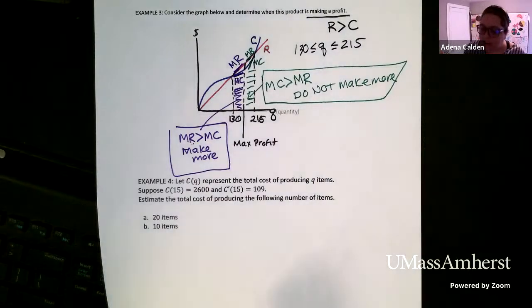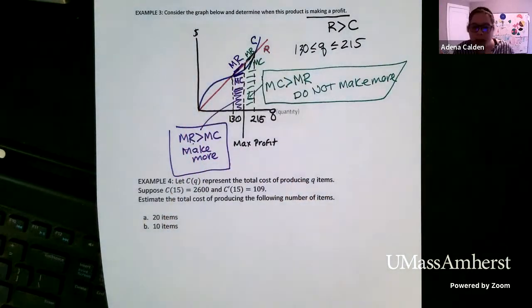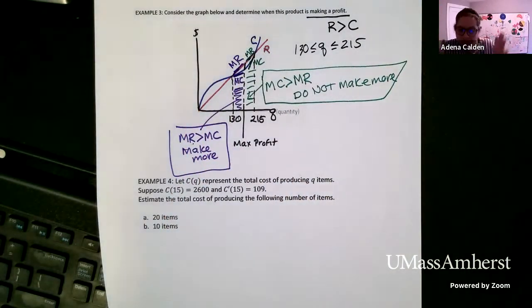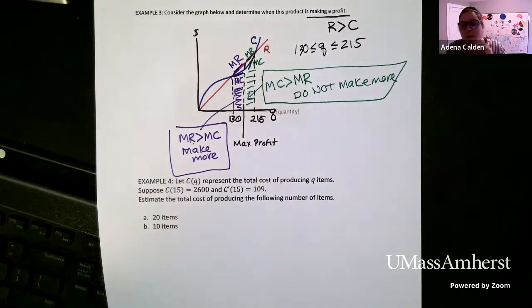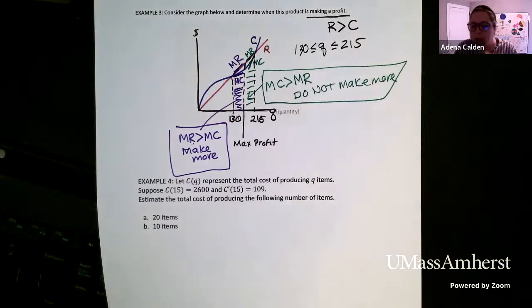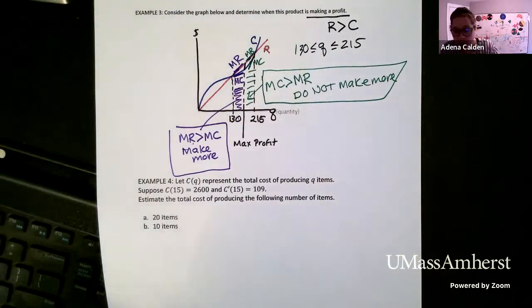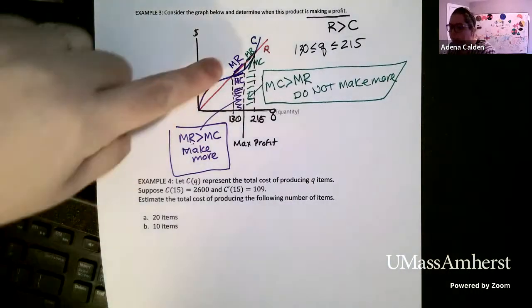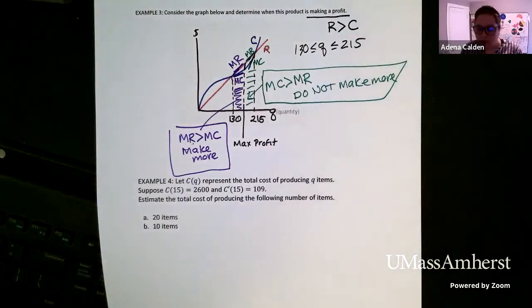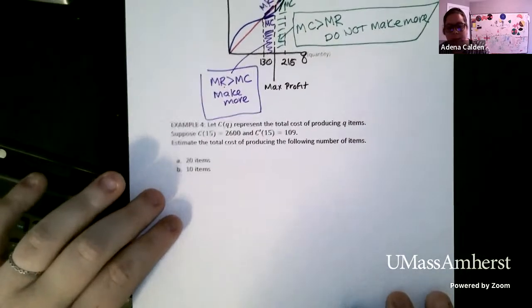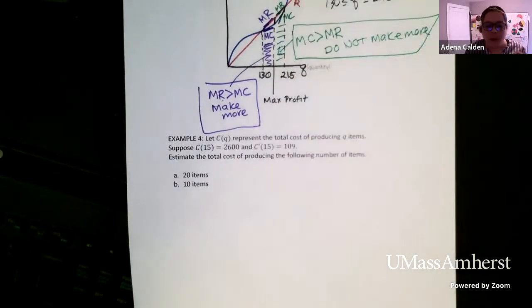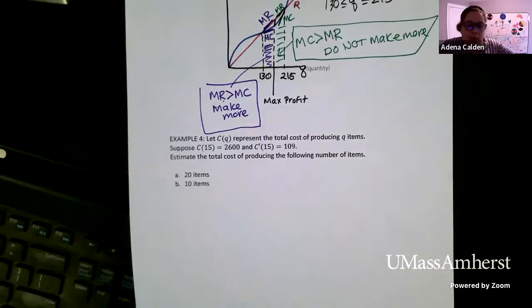So in summary, profit is good, but there are within profit better places to be. Just because you're making a profit doesn't mean you should make more of the item, because you want to maximize your profit.